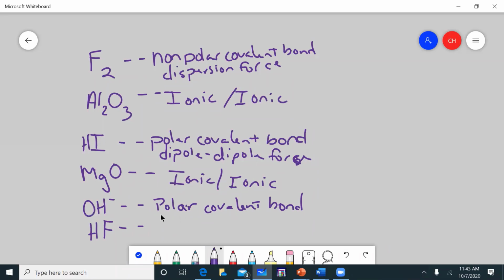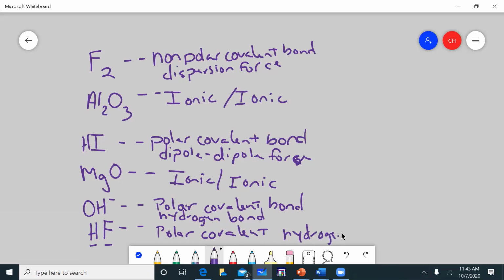So not only is it a polar covalent bond, but we also have hydrogen combining with oxygen, which makes it extra strong, or a hydrogen bond. HF is also polar covalent. The H and the F, remember, hydrogen combined with fluorine, oxygen, or nitrogen also will give us a hydrogen bond.